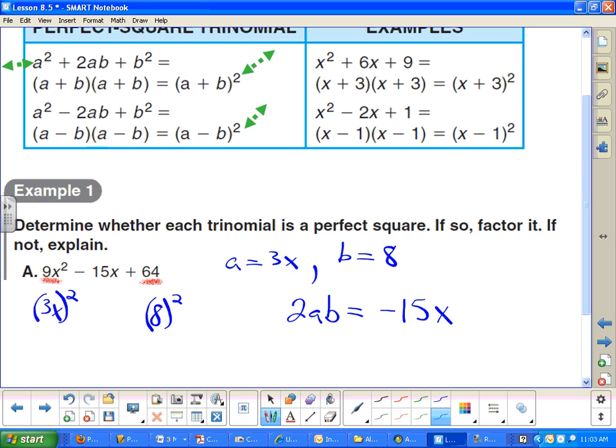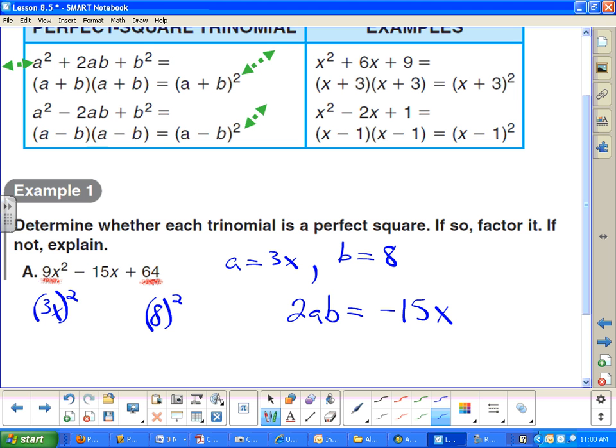All right. So we want to multiply 3x and 8 together, multiply it by 2, and does it equal negative 15x? If that's true, then this is a perfect square trinomial. If it's false, then it's not. Okay?